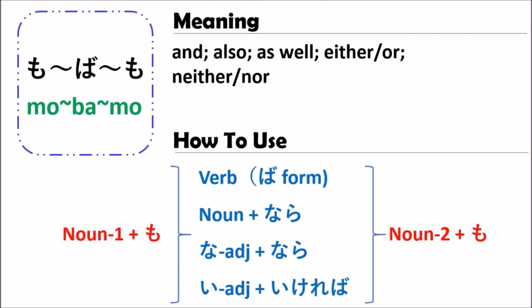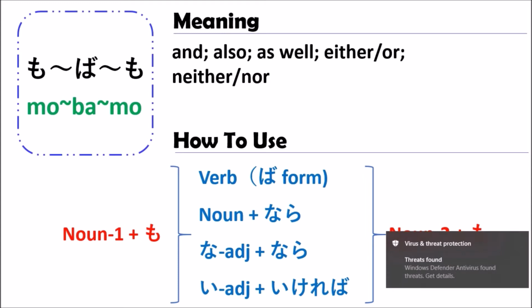And after that you can follow with noun two plus も or something. This is the structure of how to use the grammar of も, 何々ば、何々も in Japanese.